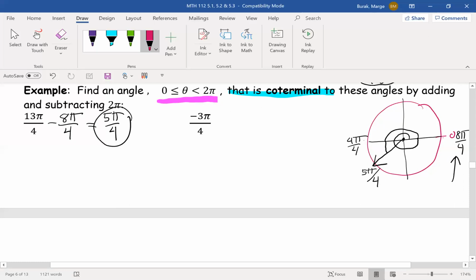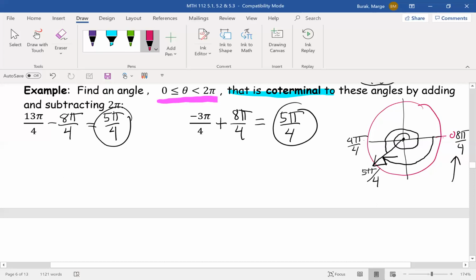Okay, now if we have a negative 3 pi over 4, that's going to be this way, negative 1 pi, 2 pi. Ooh, that looks like it might be the same angle. Let's try it. So we're going to add 2 pi. So that's going to be add 8 pi over 4, and that gives me, sure enough, the same angle.